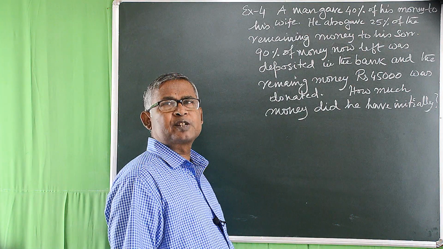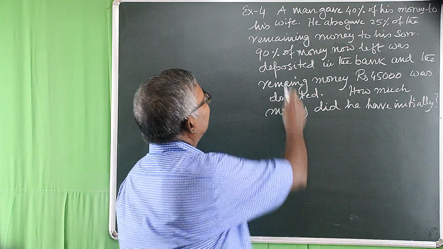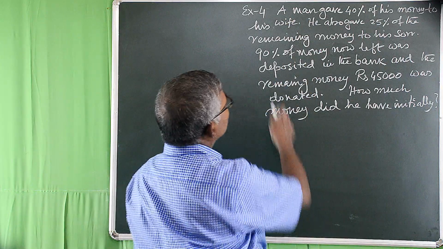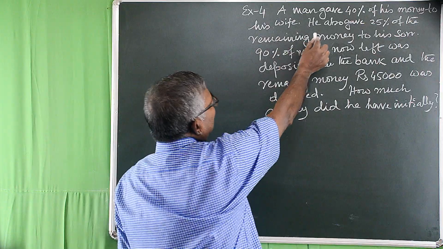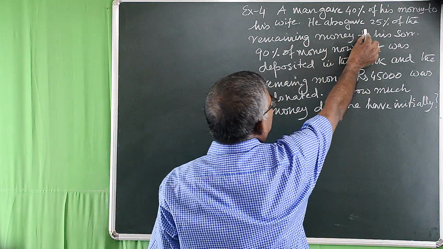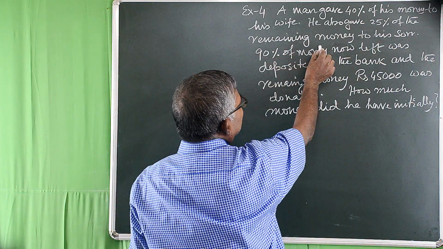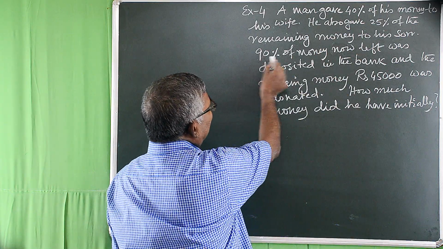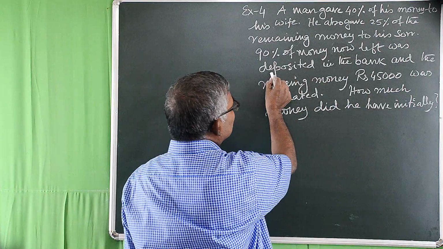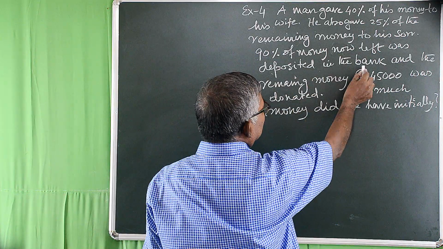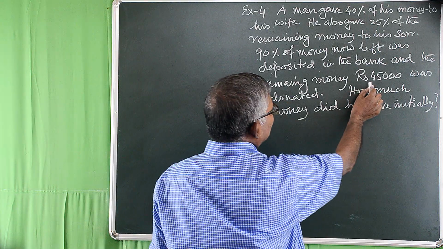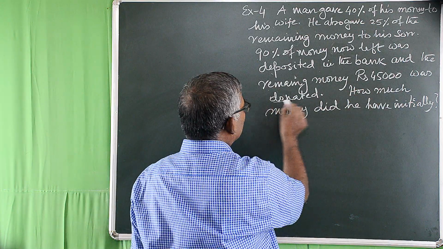Let us consider the next problem. A man gave 40% of his money to his wife. He also gave 25% of the remaining money to his son. 90% of the money left was deposited in the bank, and the remaining money, rupees 45,000, was donated.